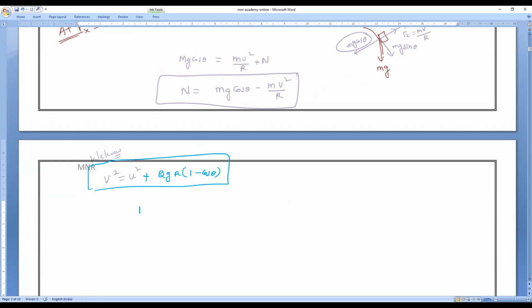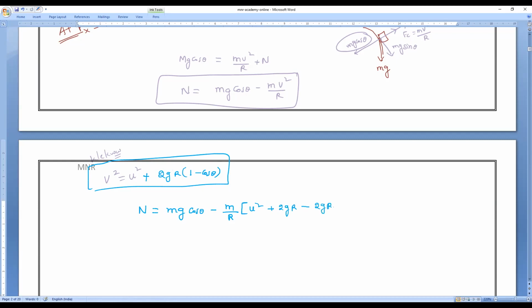So what will happen? Normal reaction N is equal to mg cos theta, very slowly, clearly I will say. Anything doubt, you can ask me. m by r, v square means u square plus 2gr into 1 minus cos theta. Multiply it: 2gr into 1, 2gr, minus 2gr into cos theta.